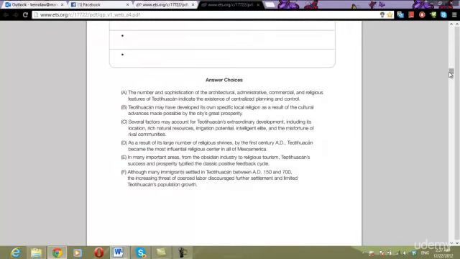Correct answer choices are always summaries of paragraphs. So you want to go and look at your topic sentences, because your topic sentences can give you a good idea as to whether an answer choice is a summary or not.